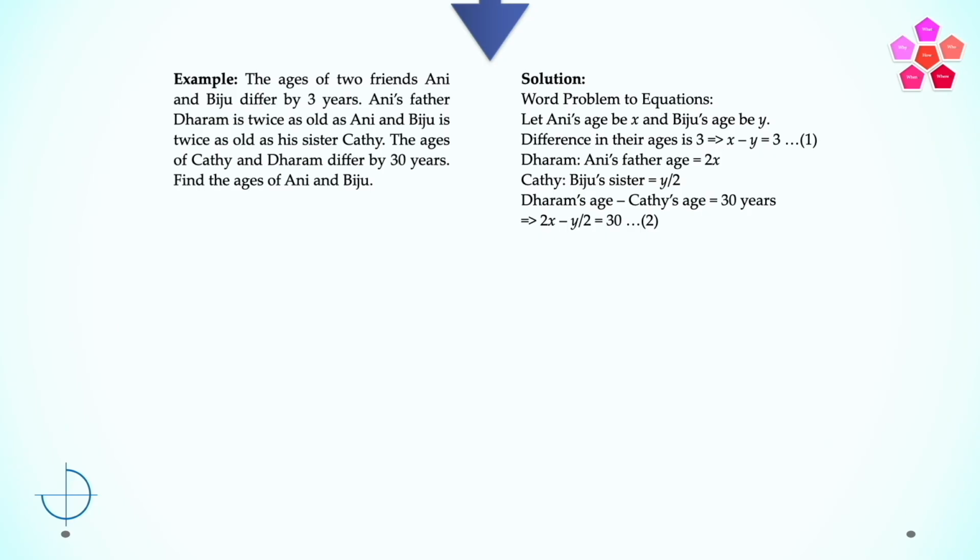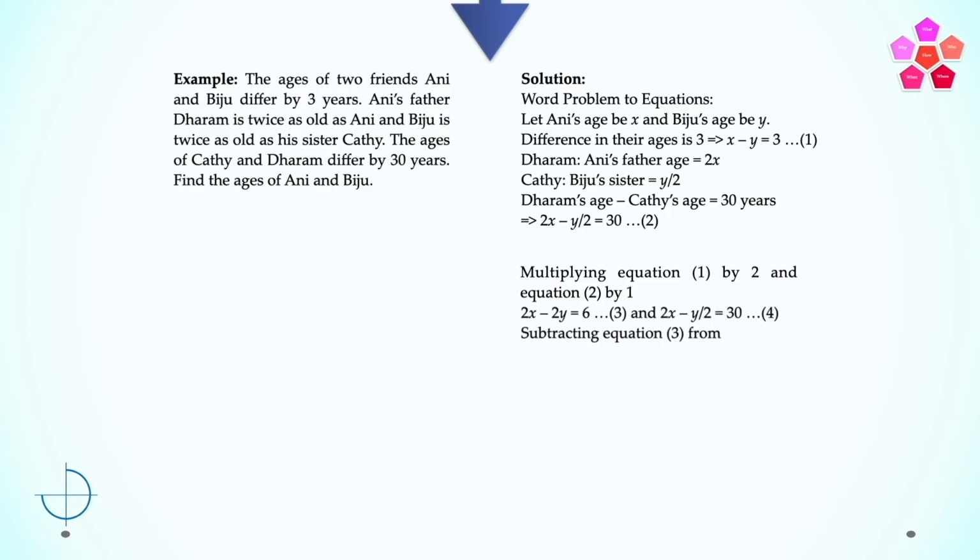Now, we see that in equations 1 and 2, we have two equations in two variables that can be solved by the methods that we discussed earlier. So, multiplying equation 1 by 2 and equation 2 by 1, we get 2x minus 2y is equal to 6, which forms our equation 3, and 2x minus y by 2 is equal to 30, which forms our equation 4.